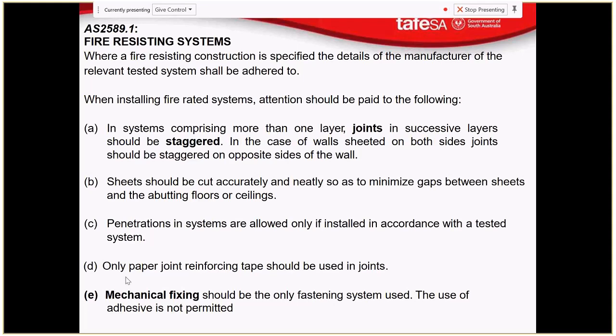Only paper joint reinforcing tape should be used in joints. Can anybody think why that would be? You think paper, that's combustible. Why would we want to use paper? Because of the fire resistant properties, I think. Yeah, and how is paper more fire resistant than duct tape, for example? Duct tape can melt.